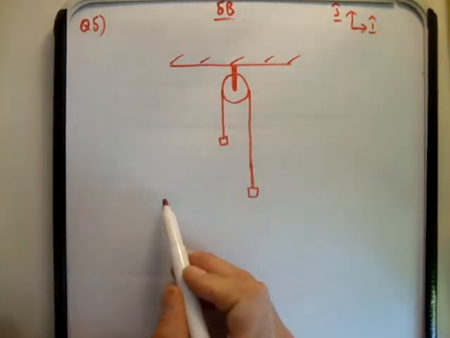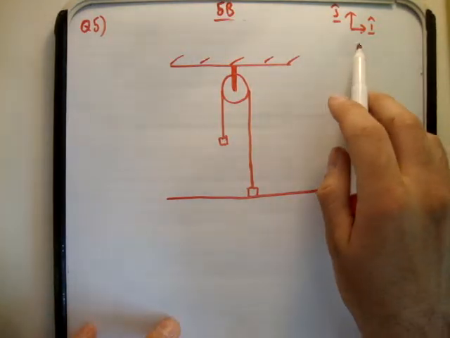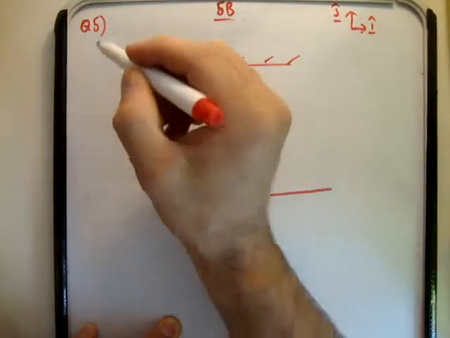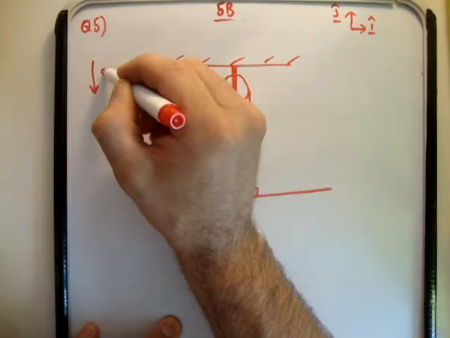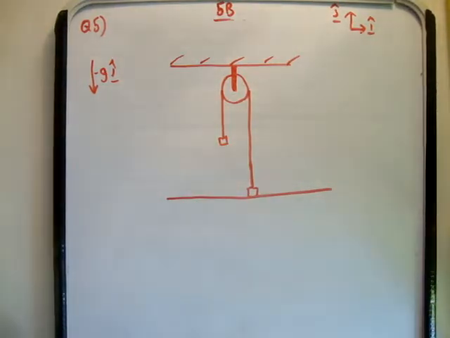Alright, and we know that the 2 kilo mass down here is on the ground. So let's just begin by putting in all the forces and so on that we know of. And I've defined my unit vectors as normal. So the gravity vector, we know g, it's going to be minus g j hat, like so. And that's an acceleration.